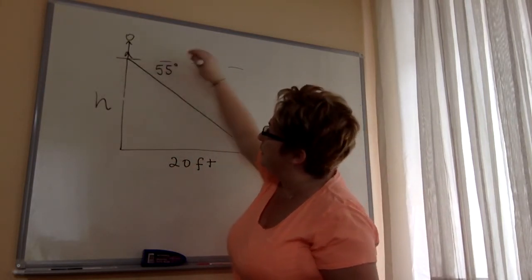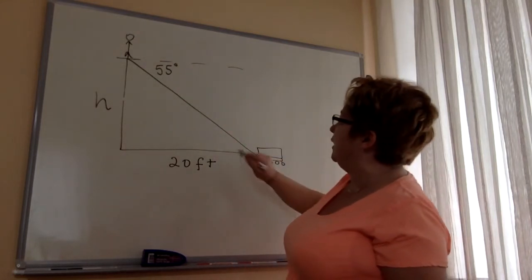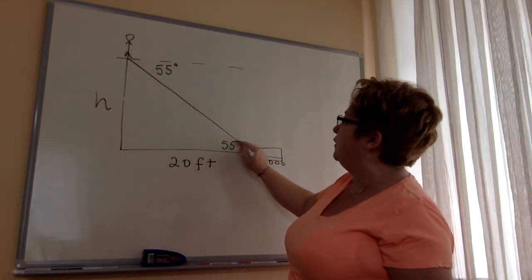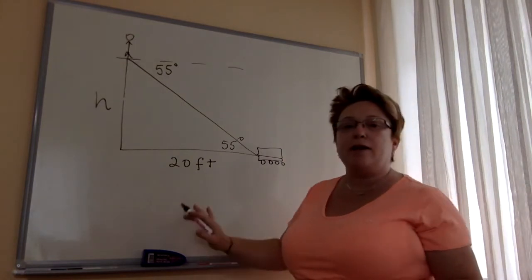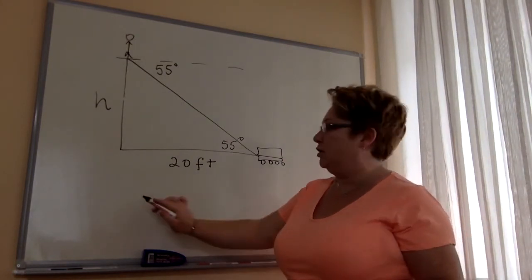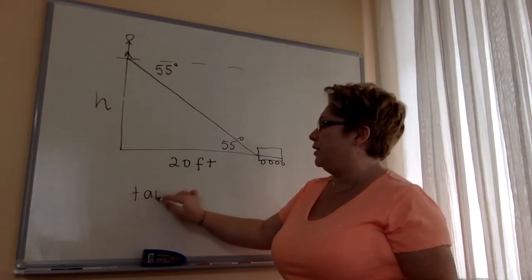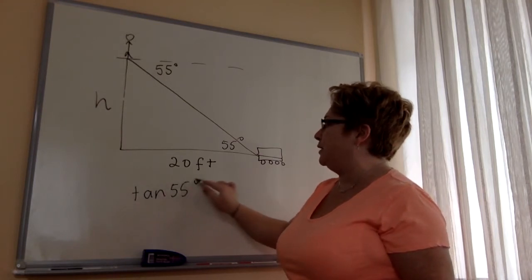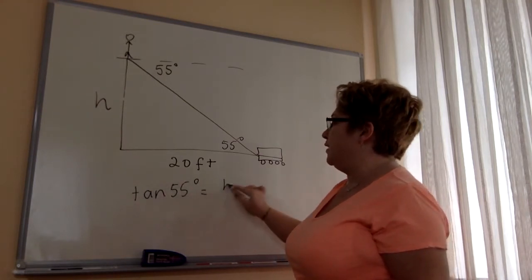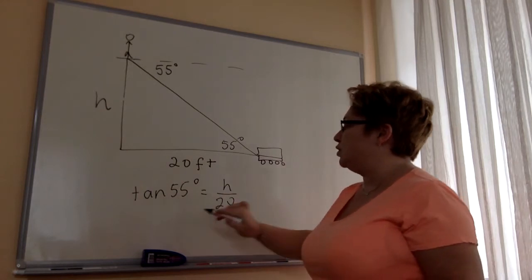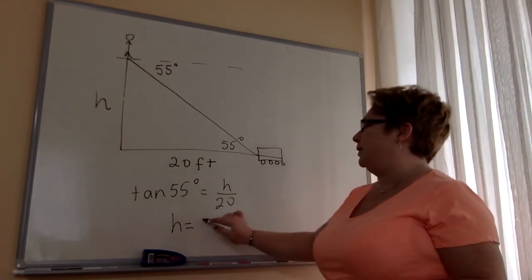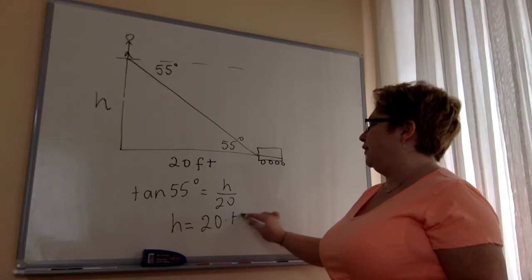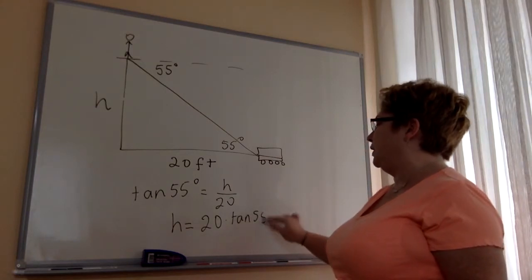So we can simply say these are parallel lines, so this is also 55 degrees. And then we can use the tangent ratio. So we can say tangent 55 degrees is h over 20. So the height of the building is simply 20 times tangent 55 degrees.